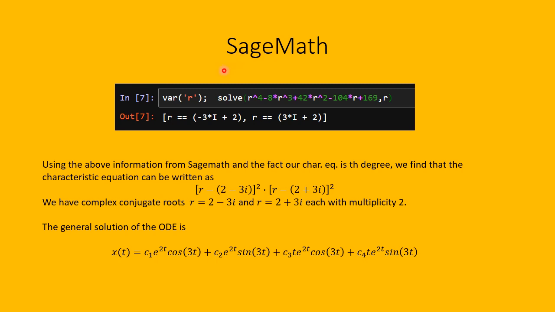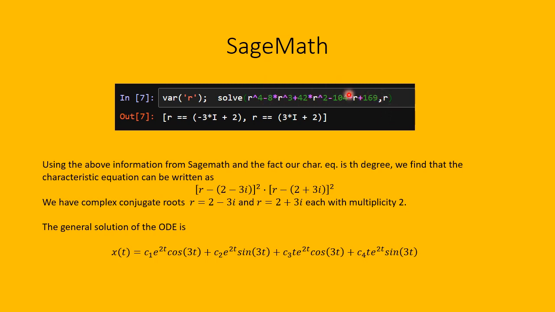polynomial. So let's declare r to be a variable. And then let's solve the equation r to the fourth minus 8r cubed plus 42 times r squared minus 104 times r plus 169 equals 0, and we're going to solve it for r.